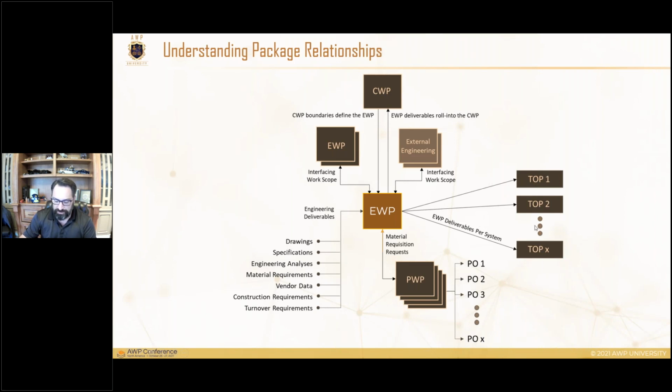So these are typically many-to-one for each EWP, and often a turnover package will cross boundaries of an EWP depending on the system's extent. So there again, that's a bit of a mapping or a web of logic ties between the turnover packages and the engineering. That's not a small thing.